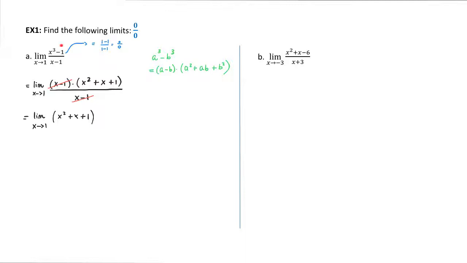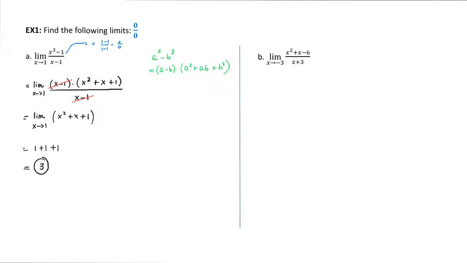And I know that the original function identifies with the quadratic function everywhere except when x is equal to 1. But from the point of view of the limit, I don't care about what happens at 1. I care what happens around 1. So then substituting, we're going to have 1 plus 1 plus 1, and that is going to give us 3. So this function had a limit. The limit is 3.